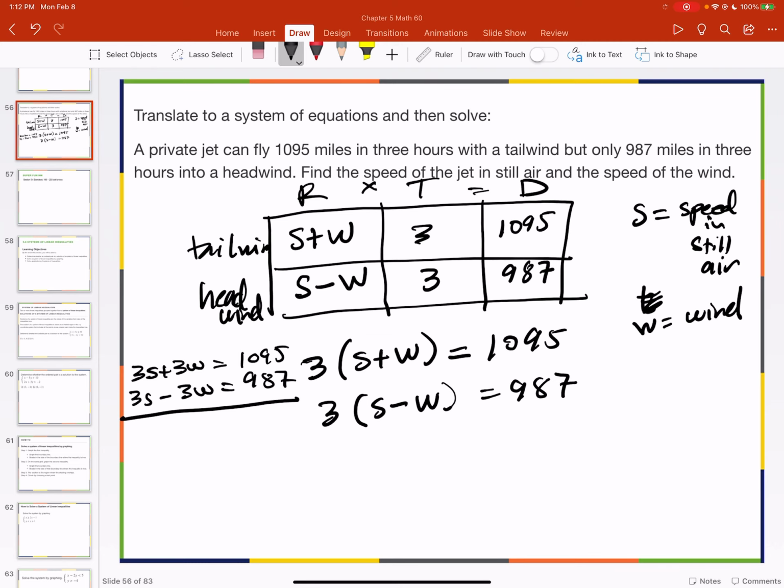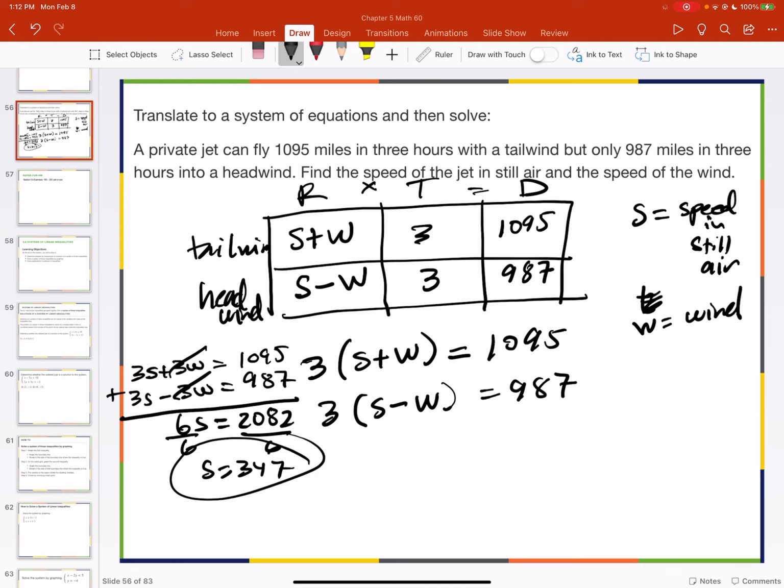So we can just add these together. So that becomes 1095 plus 987, and that's 2,082, and that's 6S. So let's solve for S, divide by 6. Then S is equal to 347.